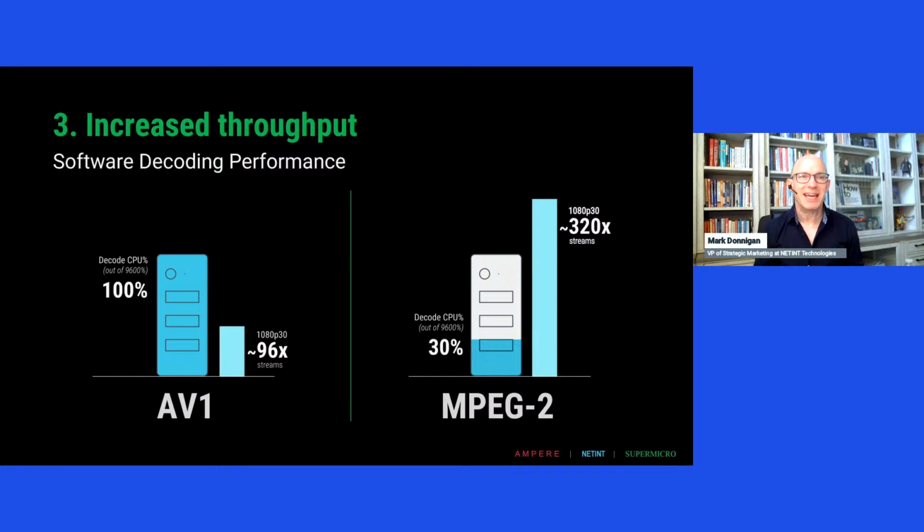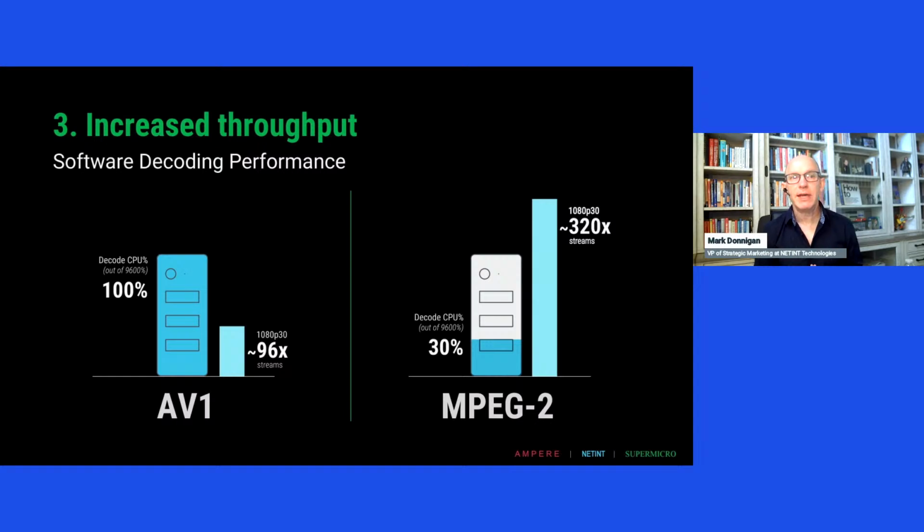Well, the beautiful thing is that now there's a very well-developed ecosystem of software players. So we looked at two codecs here. We looked at AV1 and MPEG-2. Obviously, MPEG-2 is legacy, but sort of like interlaced, it won't die. It's still very prevalent, and in many systems, MPEG-2 files need to be decoded.